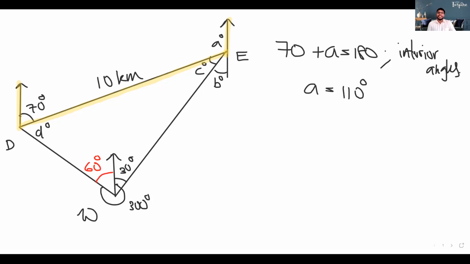Okay. Then children, how do you find B? Who can tell me? Now I know you all can get the answer. Tell me the reason. How do we get B?